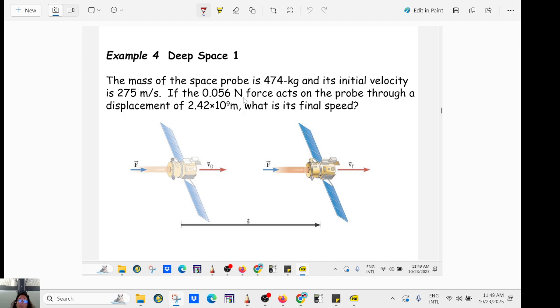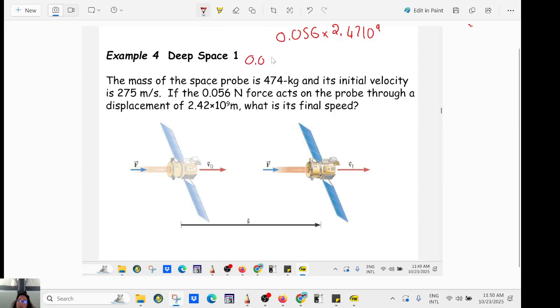Okay, so force, 0.056, times the displacement, 2.42 times 10 to the 9, equals the change in kinetic energy. So 0.5 times 474, the mass, times the final speed squared minus the initial speed squared.